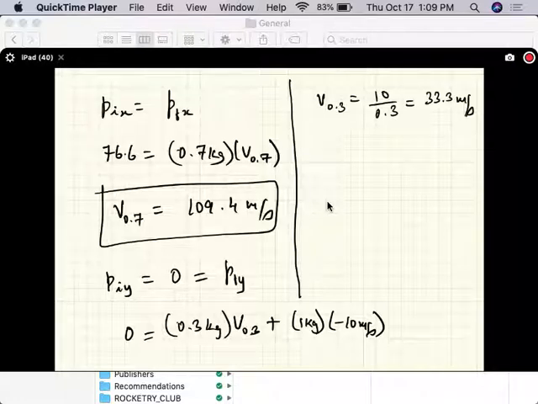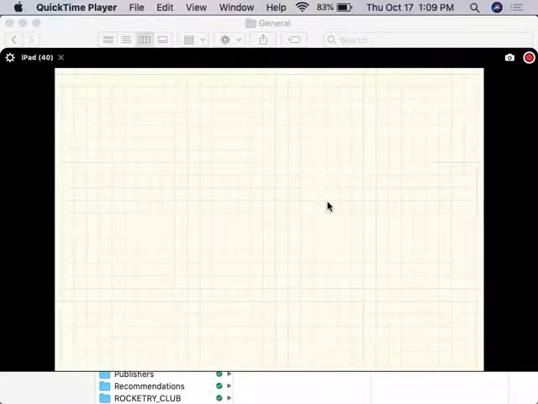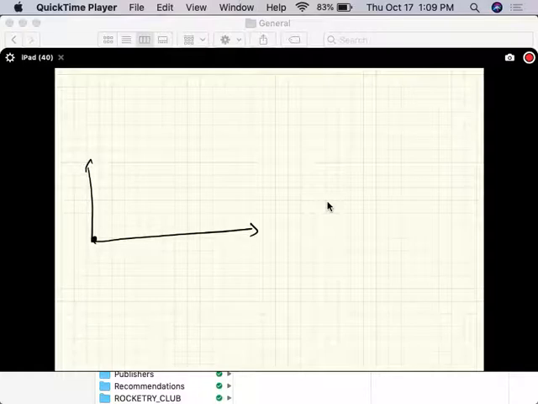I'll draw another diagram, so here's what we have found. You shot a shell from the ground at 40 degrees at 50 meters per second. It goes on a parabolic trajectory.